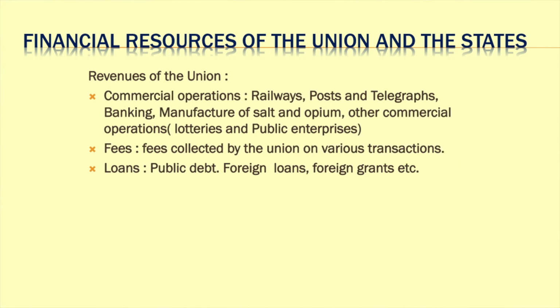The commercial operations, railways, posts and telegraphs, banking, manufacture of salt and opium, other commercial operations, lotteries and public enterprises, they all come under the union government. Then the fees collected by the union on various transactions. Then loans, public debt, foreign loans, foreign grants, etc., which are all exclusively the area of union government.